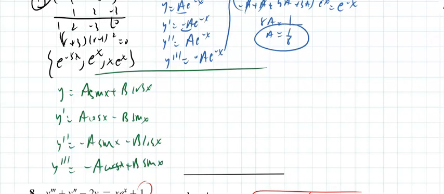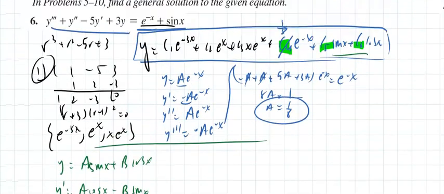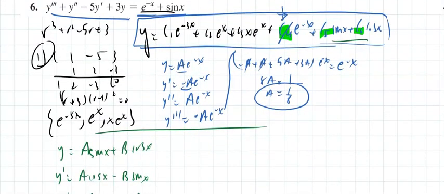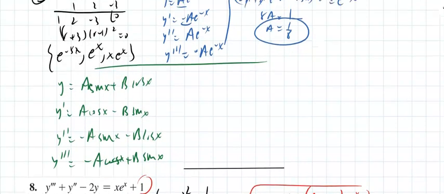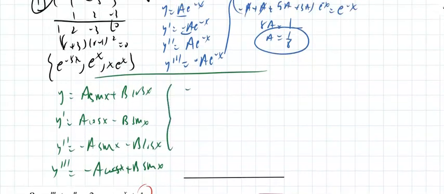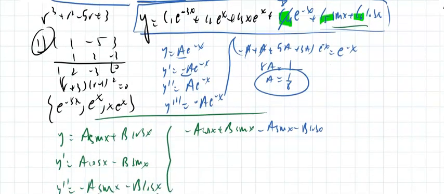And now if I take those and I plug them in, so this says if you take 3 derivatives plus a derivative, so if I take negative a cosine of x plus b sine of x plus the previous one, plus minus 5 times y prime.